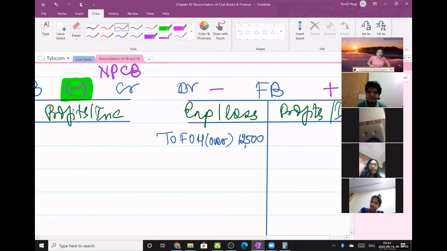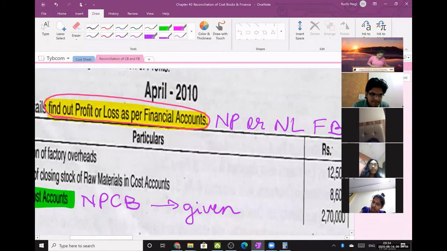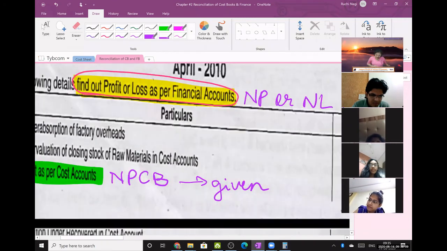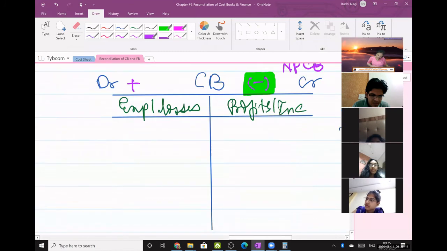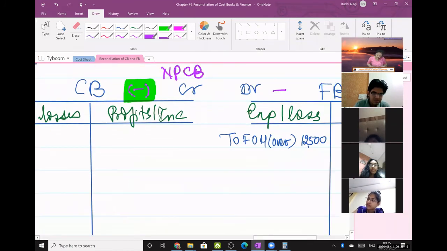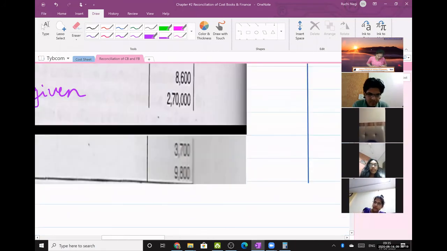Since we don't record under recovery, we record over absorption. If it is under recovered in one book, it is over absorbed in the other book. 12,500.